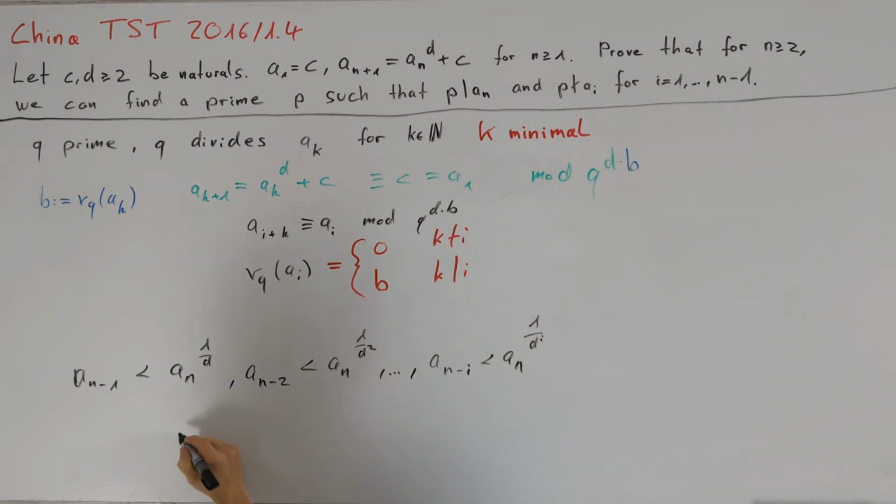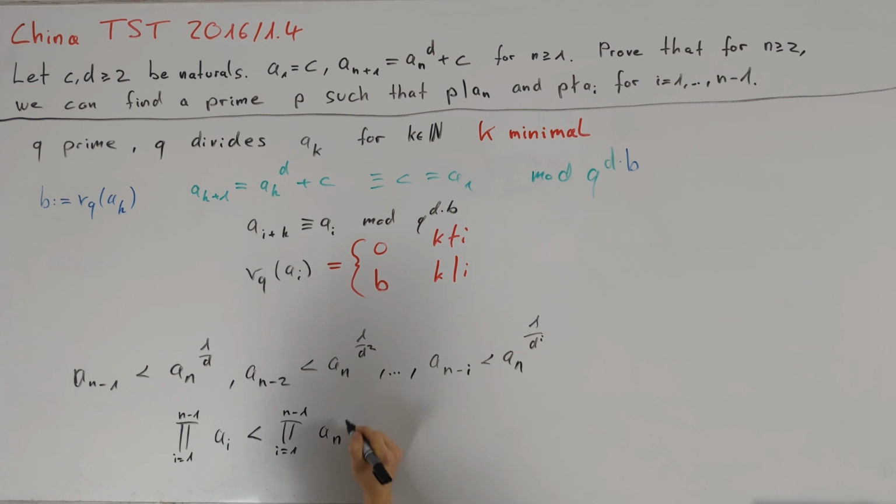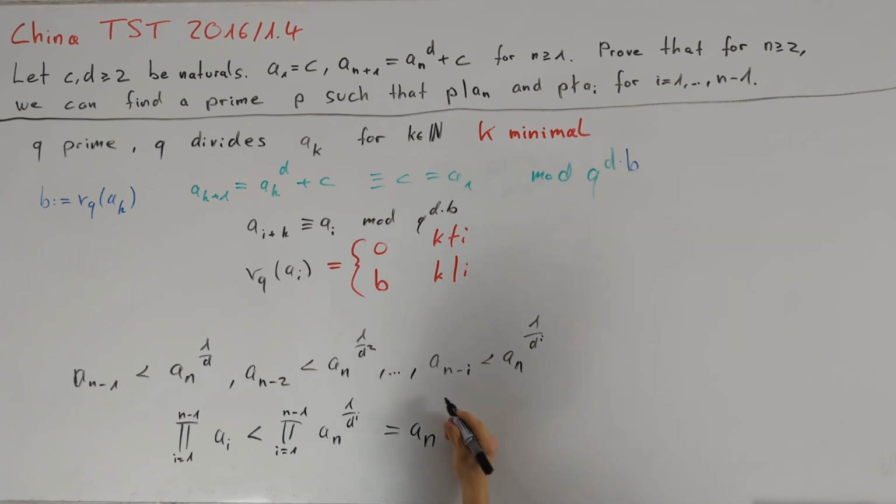Taking a look at the product of all the a_i from i equal to 1 up to n minus 1, we get that it is less than the product from i equal 1 up to n minus 1 of a_n to the power of 1 divided by d^i, which can be written as a_n to the power of the sum going from i equal 1 up to n minus 1 of 1 divided by d^i.